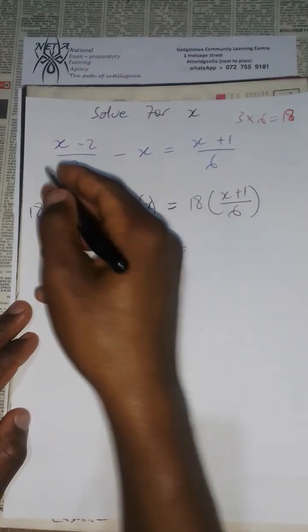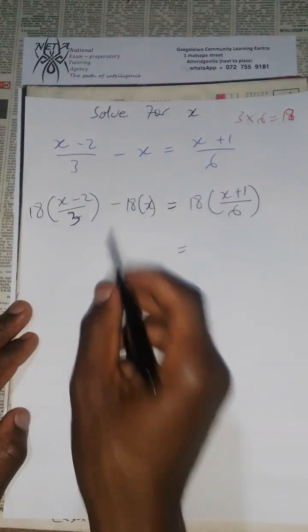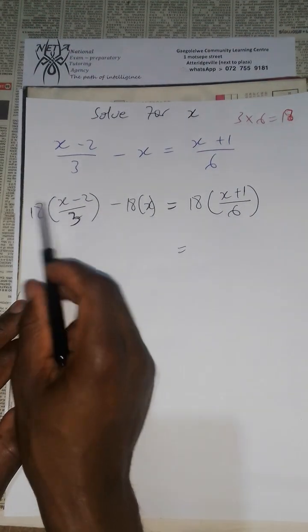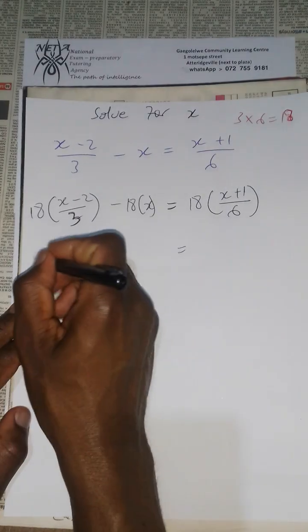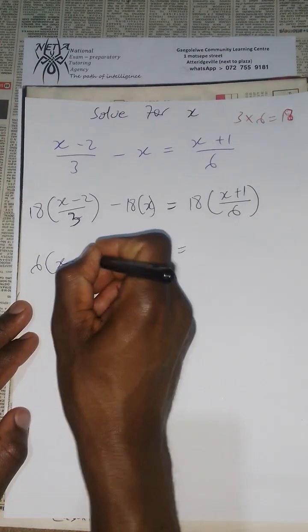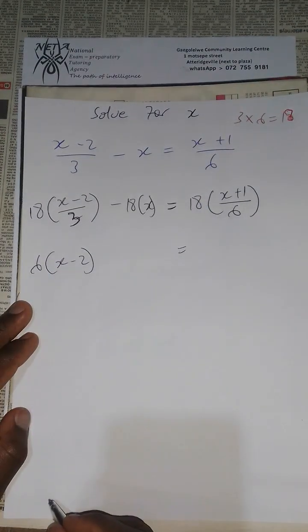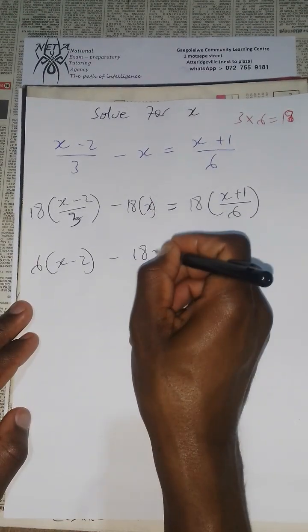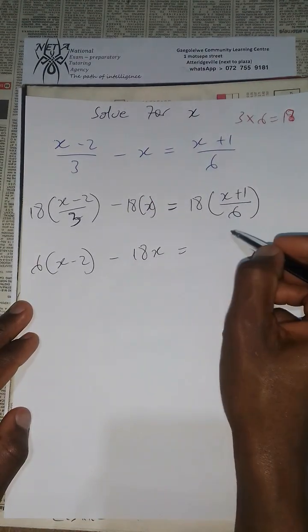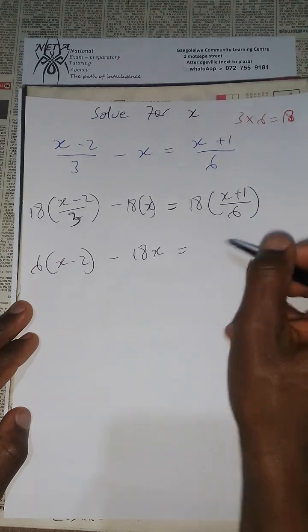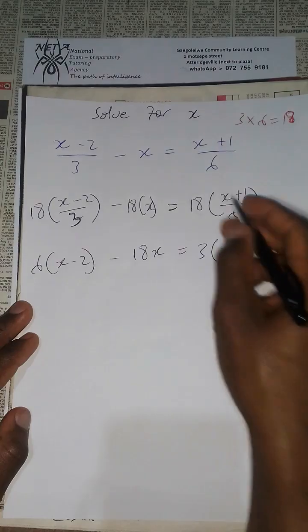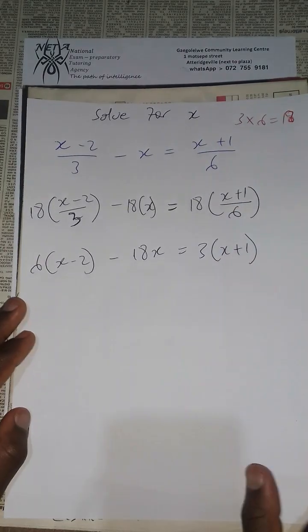You just multiply every term with 18. And when we are here, we're going to say 18 divided by 3 is 6, and then we are left with our numerator. And then 18 times x is 18x. The same thing happens this side. 18 divided by 6 is 3, then we are left with our numerator, which is x plus 1.